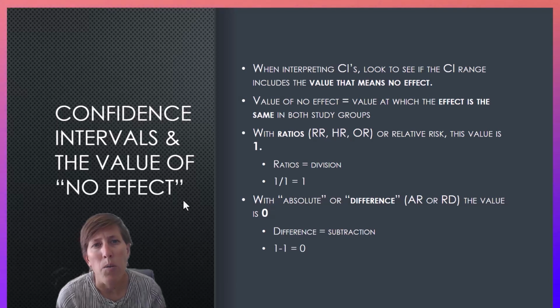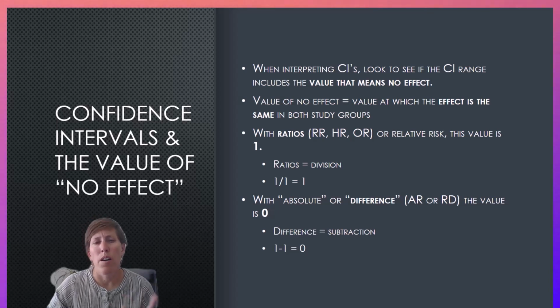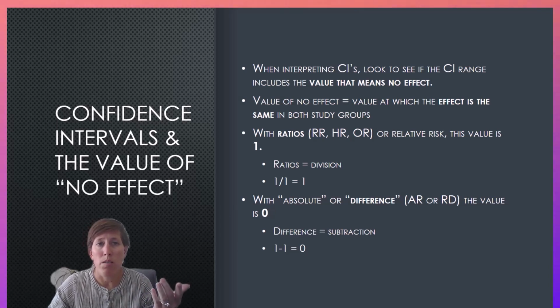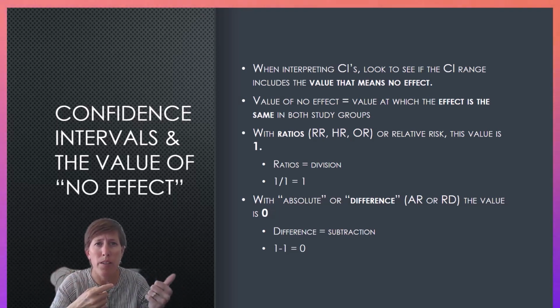Let's talk about the value of no effect. That was discussed in the video as well. That value that means no effect is that value in which the intervention is having no effect on the outcome. In the previous lesson, we looked at difference statistics and ratio statistics.